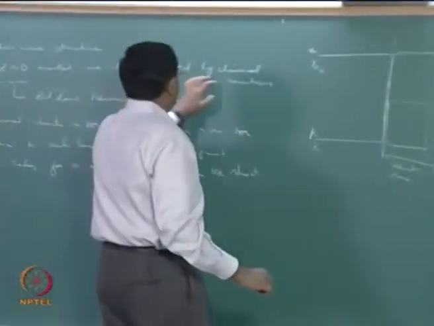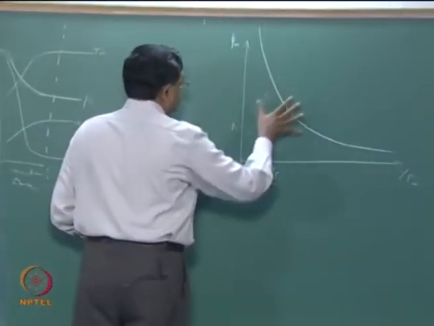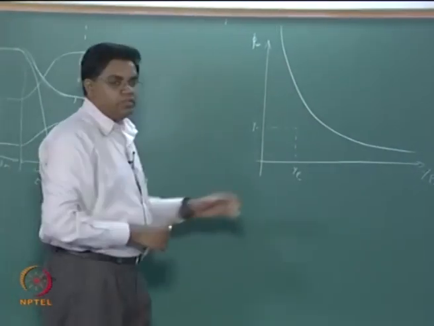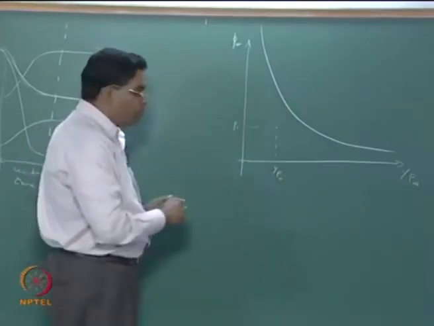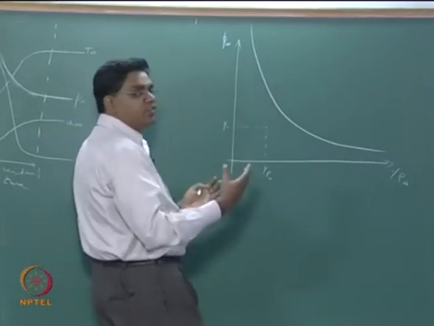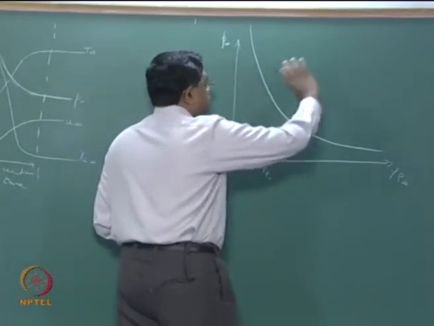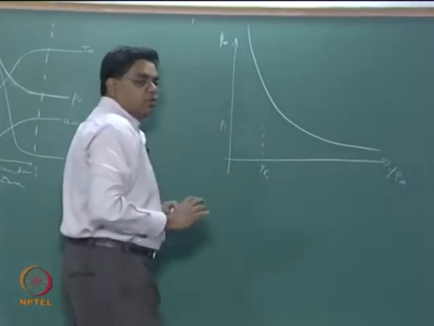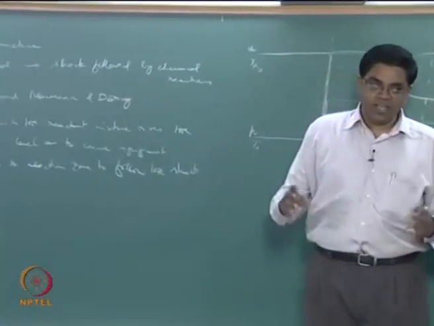It says shock followed by chemical reactions. This offset for the Hugoniot curve is essentially coming from the fact that you have a heat release. The heat release is going to push the Hugoniot, more and more heat release in the wave is going to push the Hugoniot to the top and to the right. So when you are looking at how a shock is going to be represented, that's an adiabatic process.